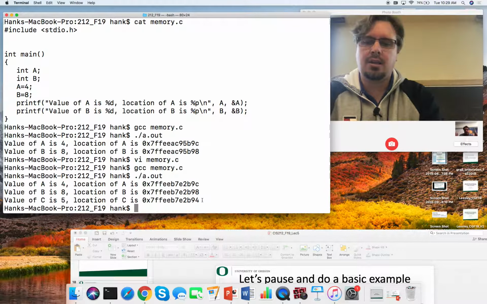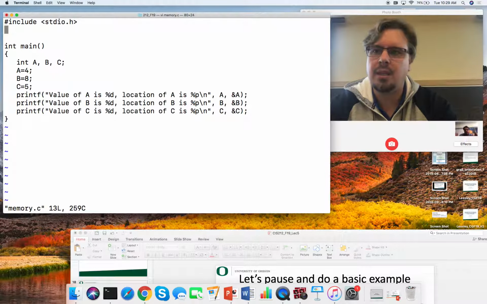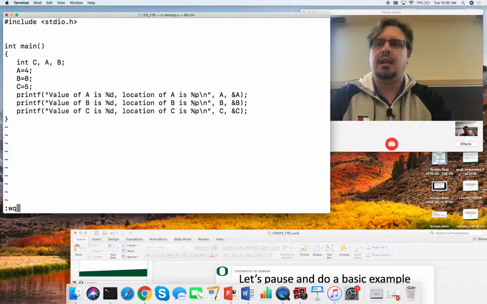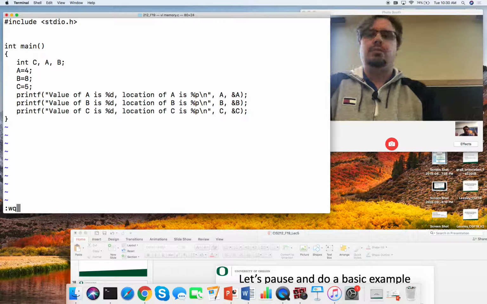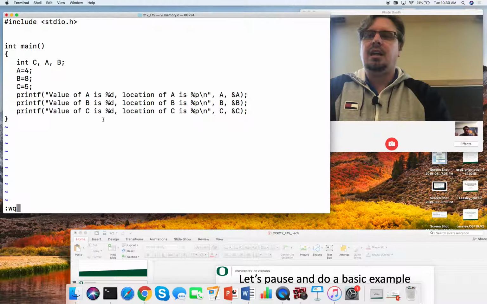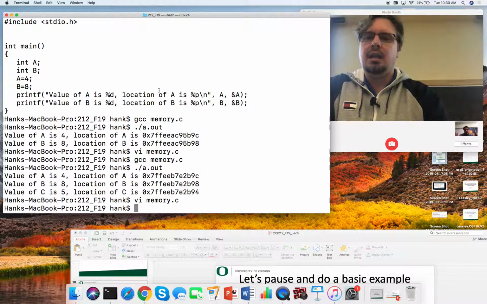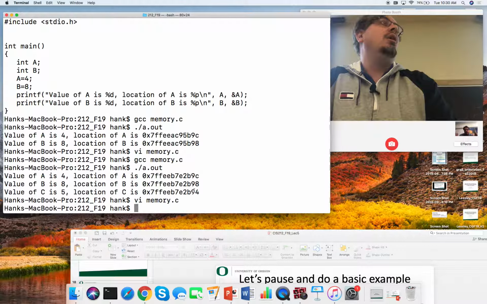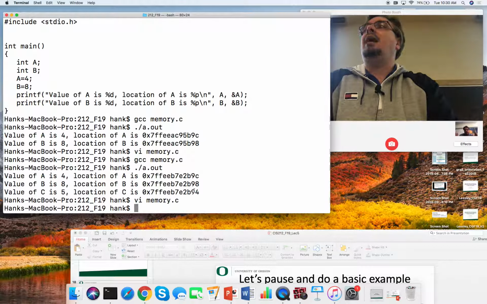If we had changed the order and said that we wanted C, A, B, it would be reasonable to assume that now that C comes first and then A and B, C would be at 9C, A would be at 98, and B would be at 94. But it doesn't have to be. The compiler has flexibility.